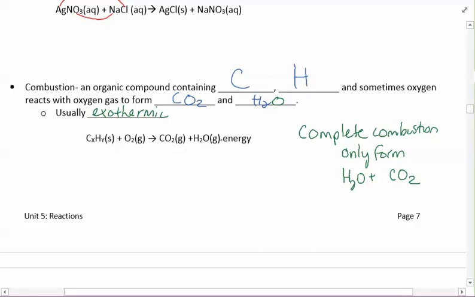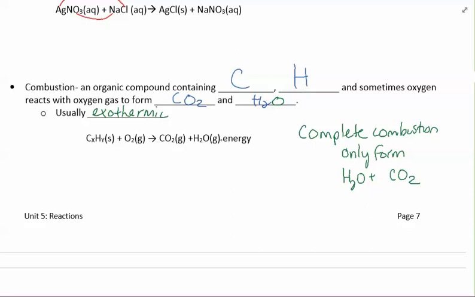If you have a wood burning fireplace, one of the things that you make is some ash that's left over after you burn all of the wood. That ash would be an example of incomplete combustion, because that's not carbon dioxide and water that's formed. Sometimes you can form other things like carbon monoxide.